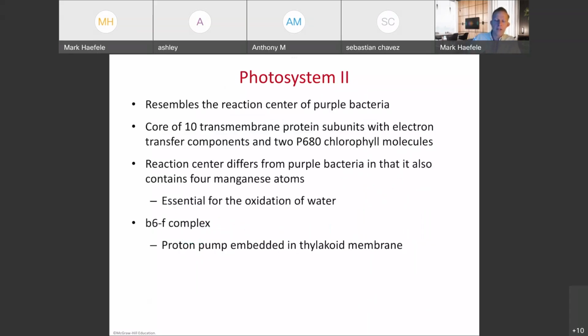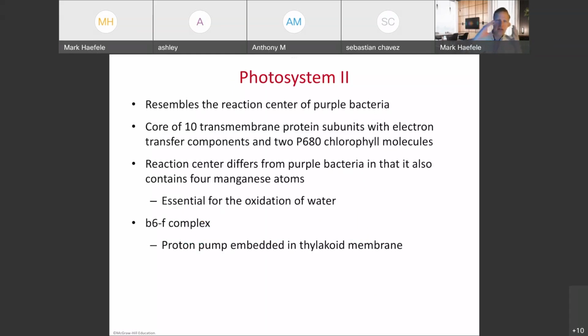Now, when we take a look at photosystem II, it is very similar. Remember we said photosystem I resembles sulfur bacteria. Photosystem II has some resemblances to purple bacteria. And so what we have is 10 transmembrane proteins.